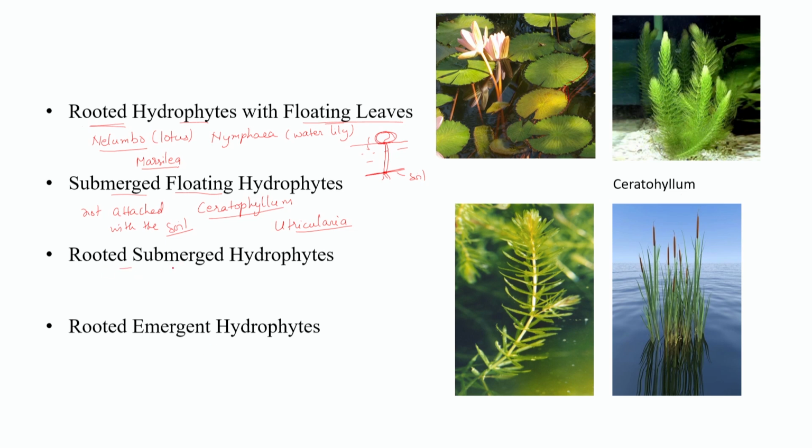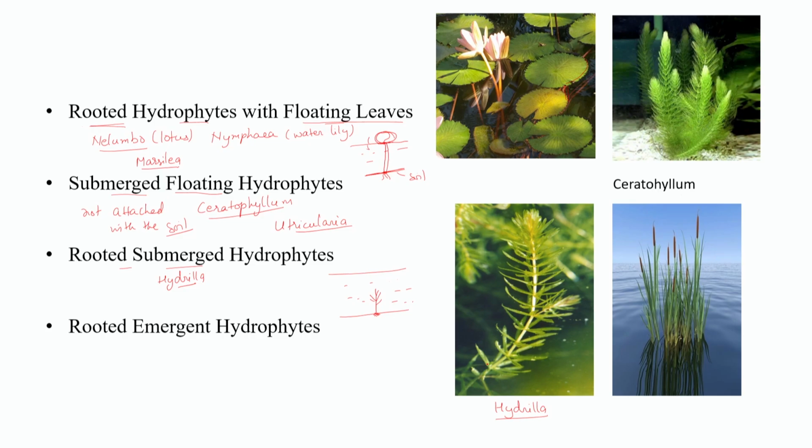Then rooted submerged. Definitely they are submerged in the water body, but they are rooted. They are attached with the substratum. So a very common example is Hydrilla. You can see the Hydrilla plant. This will be attached.